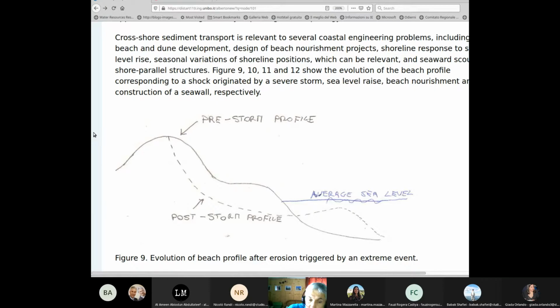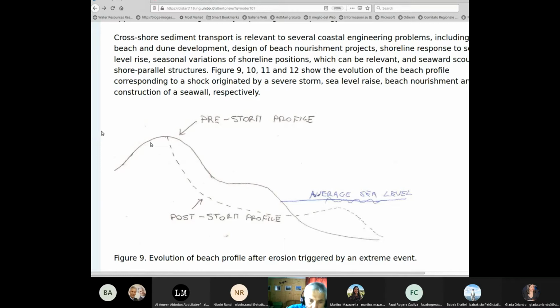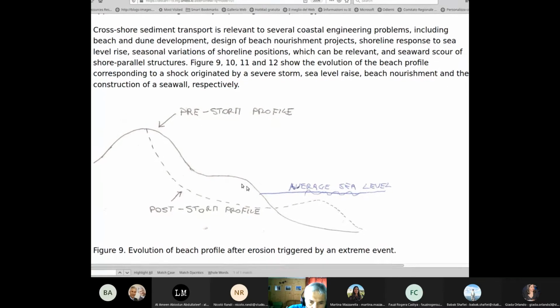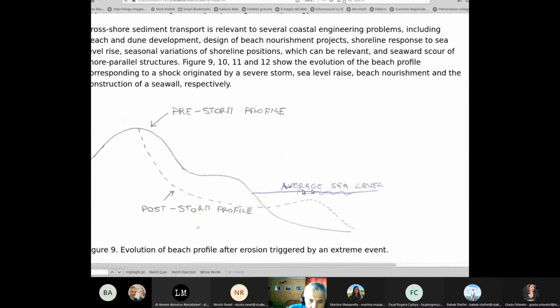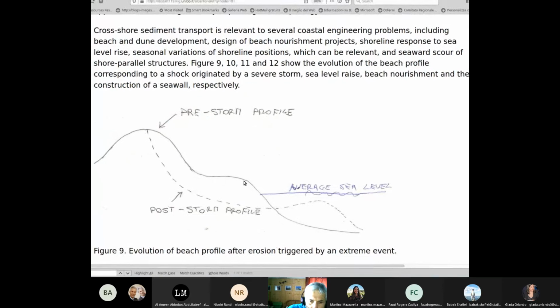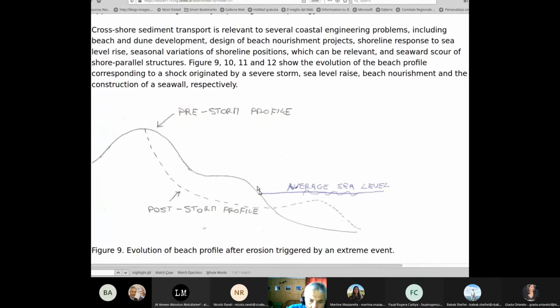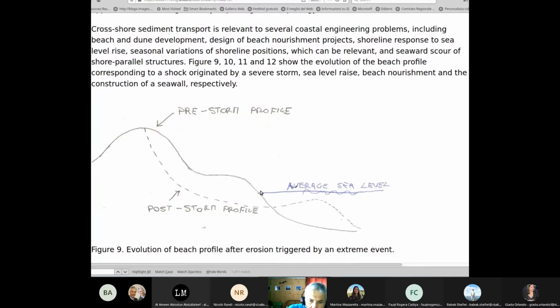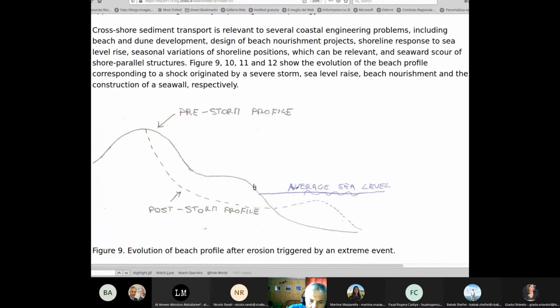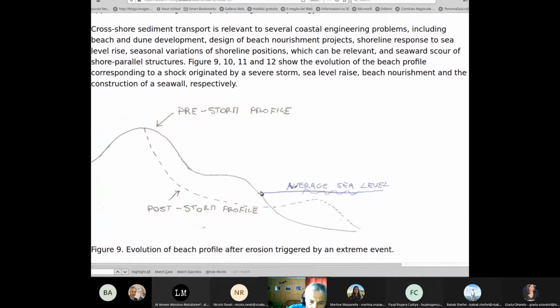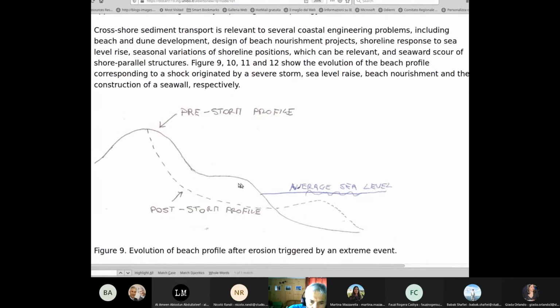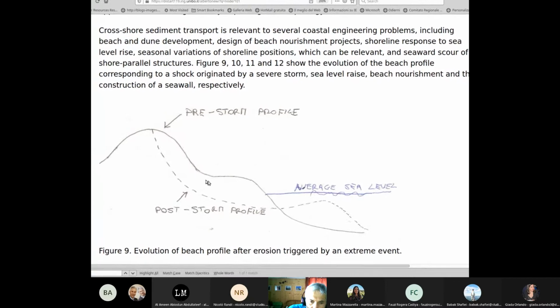This is a typical situation when you have a classical beach with a berm. You see here we have the berm. This is average sea level. And then we have this swash zone here. It is the steep part of the beach above the average sea level. Look at my mouse. And then we have the berm here. There might be the runnel here.